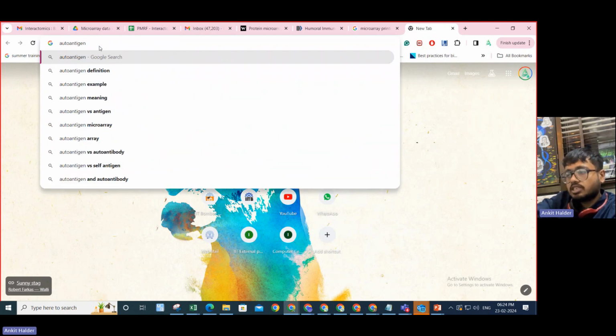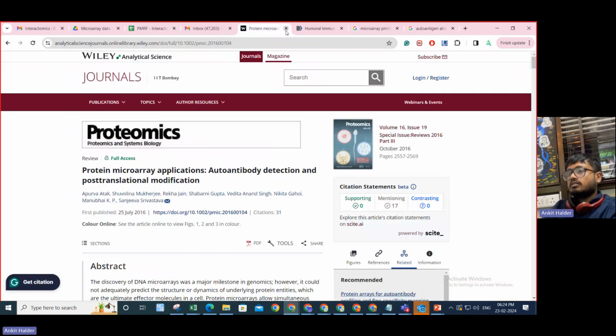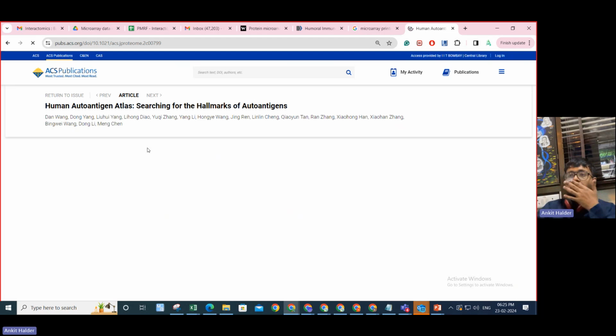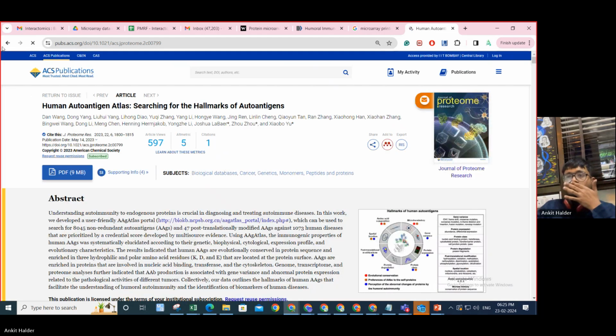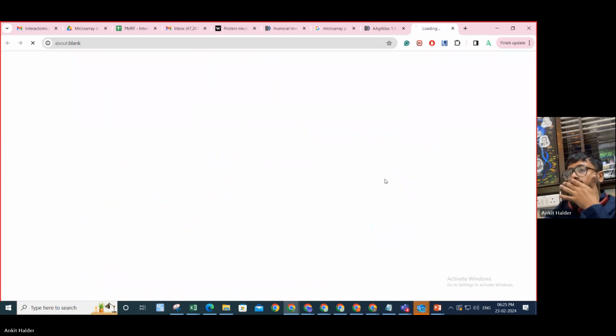This is for you to appreciate in how many aspects microarrays can help us in understanding disease biology. This is the Human Autoantigen Atlas for the autoantigens.